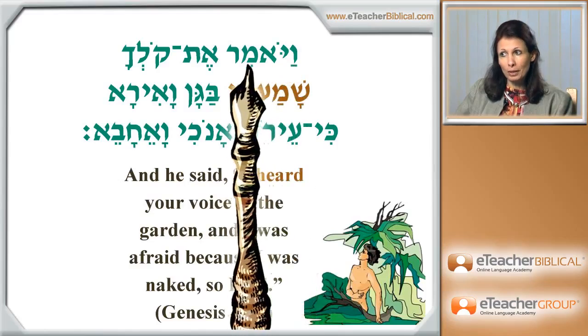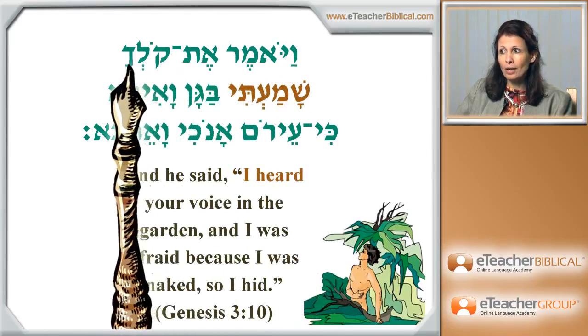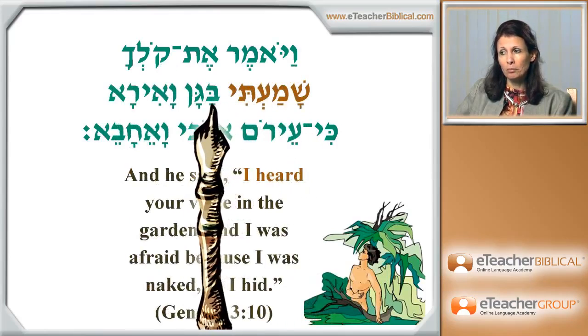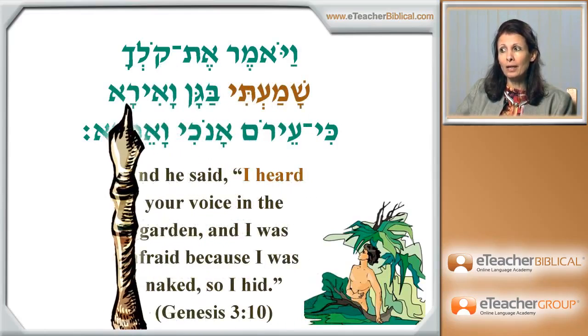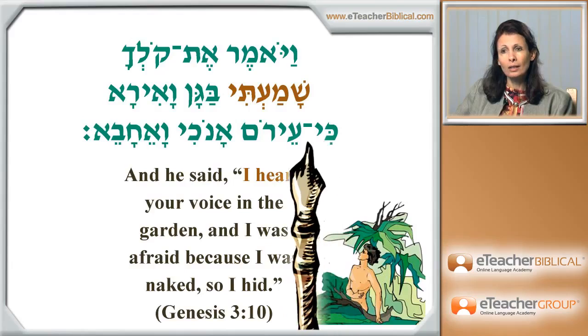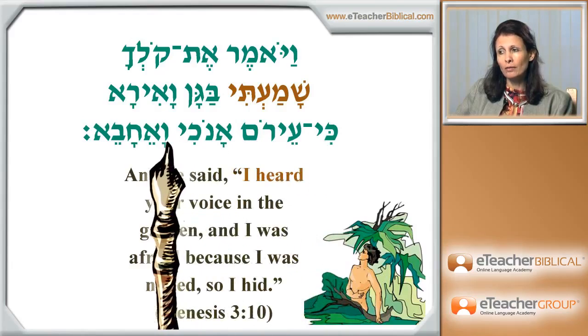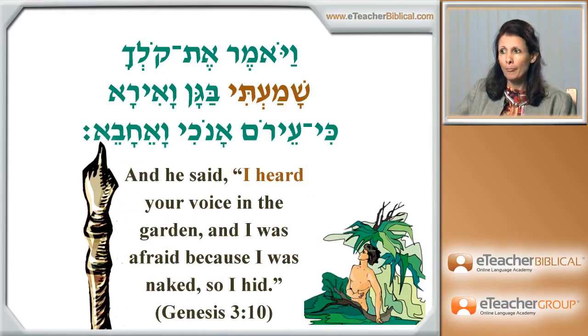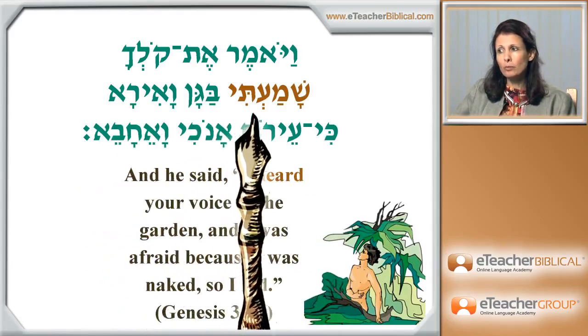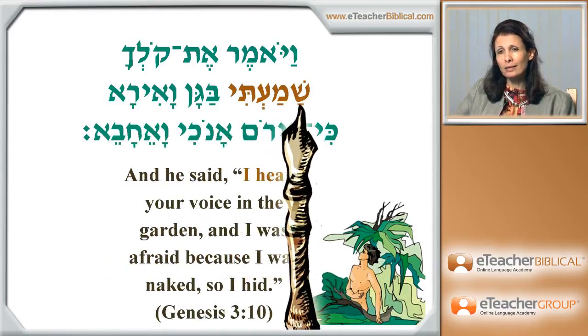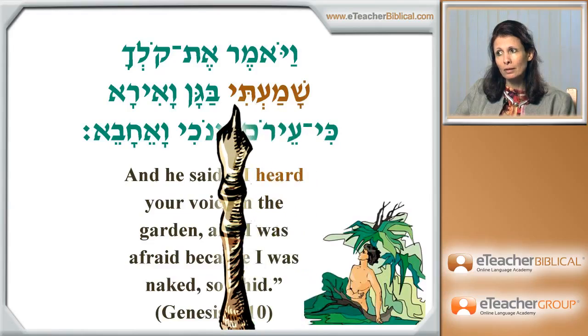Vayomer et kolcha shamati bagan va'ira ki erom anochi va'echave. Do you see the verbal form we have seen here? It is highlighted in brown, shamati, and shamati means I heard.